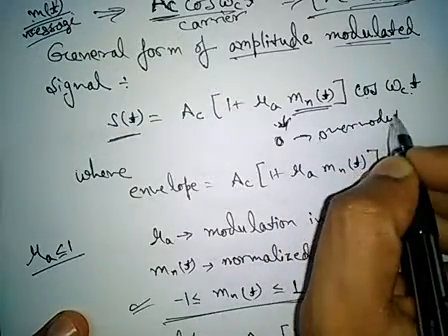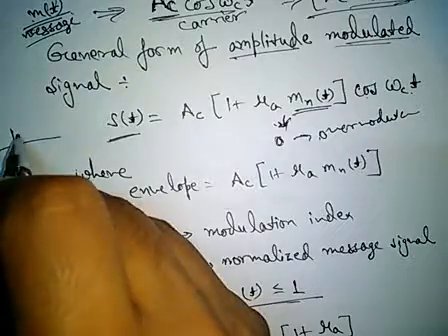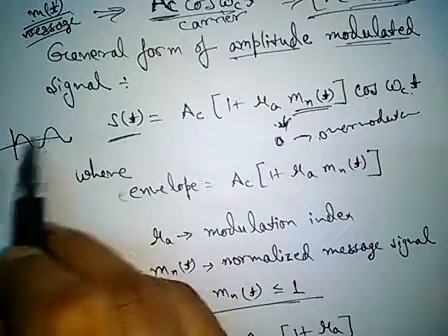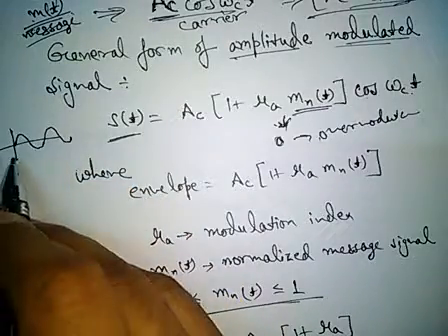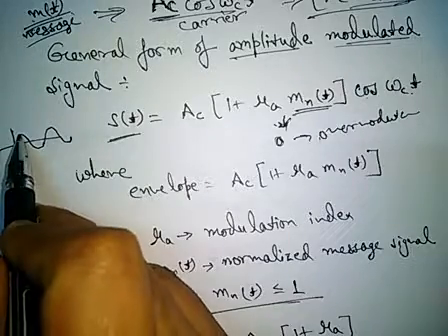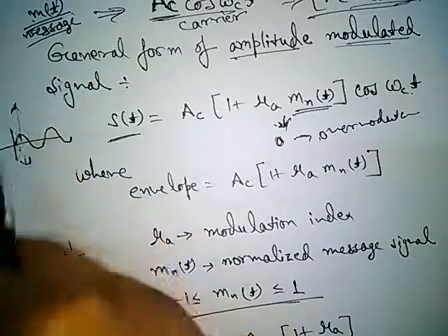So what happens in overmodulation actually? If I assume this is a message signal and this is a carrier signal, when some amplitude is applied, the entire envelope should not go negative or entirely positive.